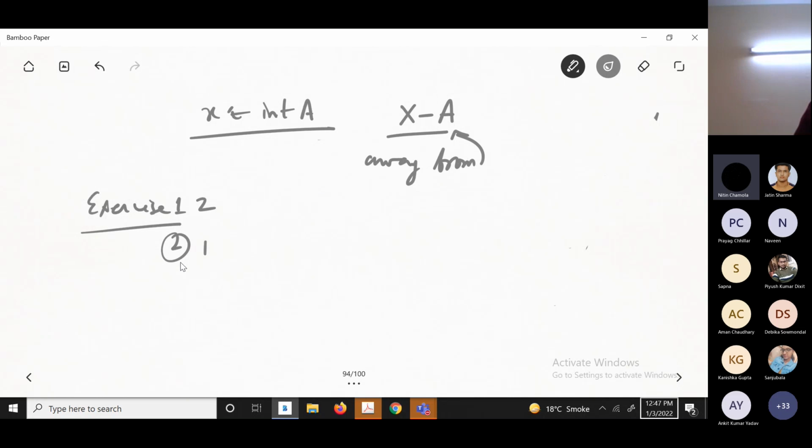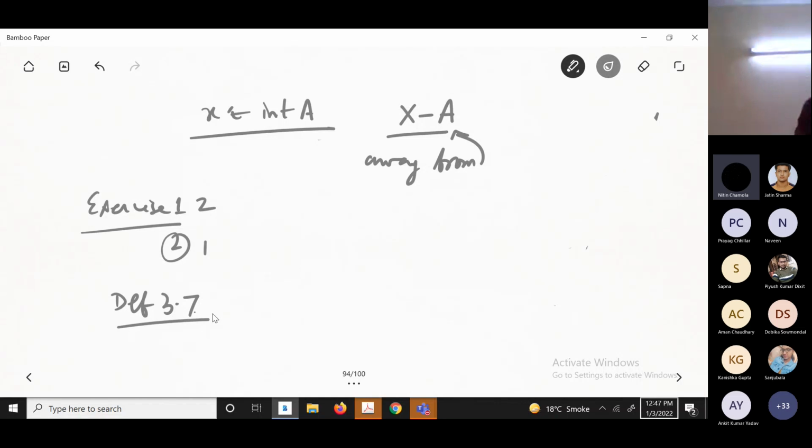Now I have defined the closure point and accumulation point, which I told you last time, because we are picking up the idea from metric space. In Definition 3.7 you should have closure point, accumulation point, and boundary point.